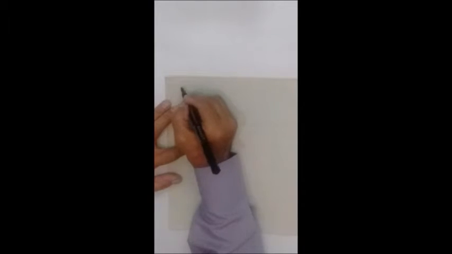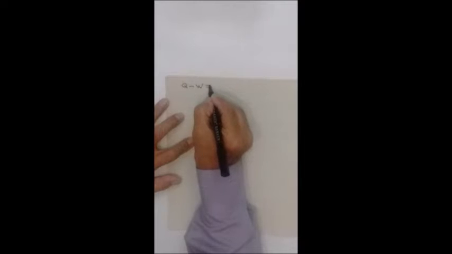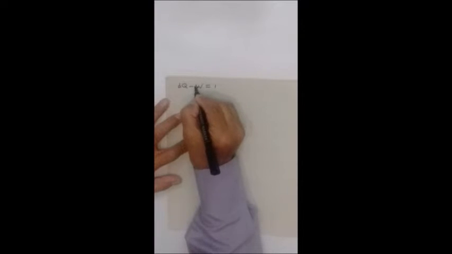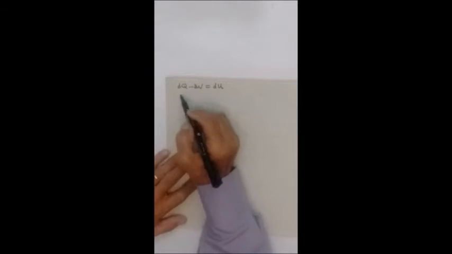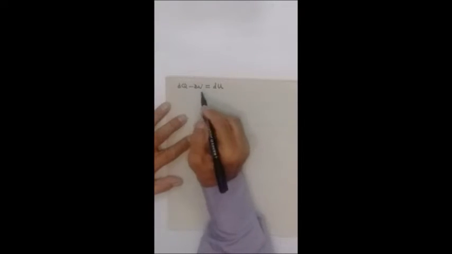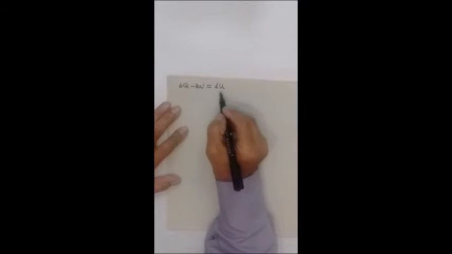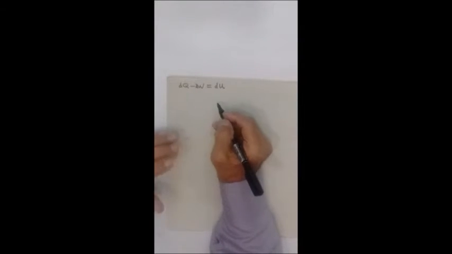Now we all know the first law of thermodynamics, which states that Q minus W equals, or dQ minus dW equals delta U. Q is the heat added to or removed from the system, W is the work done on the system or by the system, and delta U is the change in the internal energy.